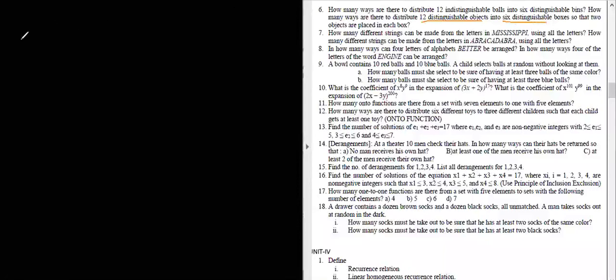The first method is, we have 12 objects and we are only supposed to select 2 of them to be placed in the first box. So 12C2 into 10C2.